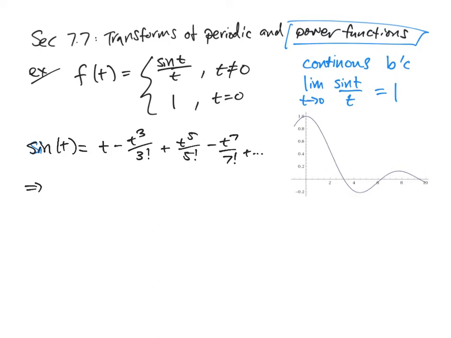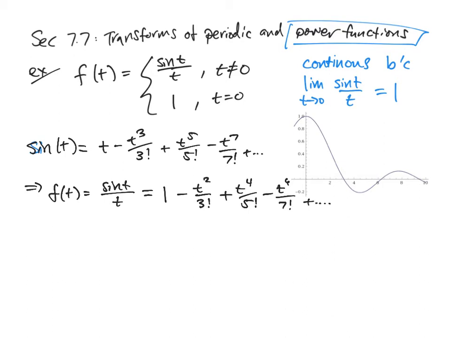And so that means that we can divide by t. So f of t equals sine t over t, and then that's going to equal 1 minus t squared over 3 factorial plus t to the 4th over 5 factorial, minus t to the 6th over 7 factorial, etc. And of course, this expression as a power series holds even for t equals 0, because if you plug in t equals 0, you just get 1.